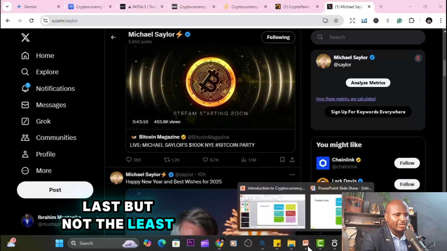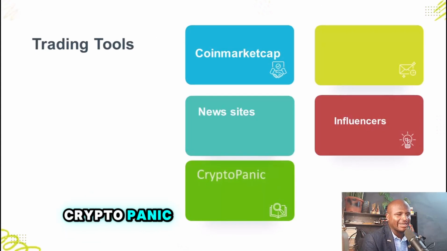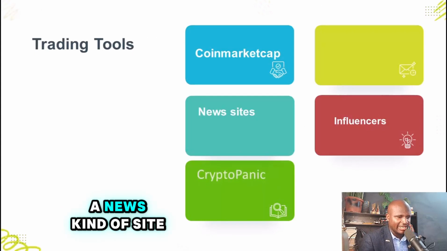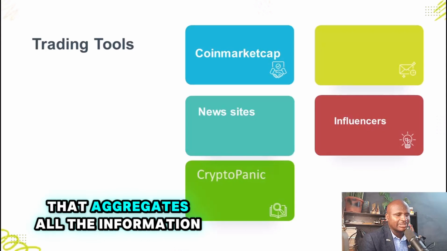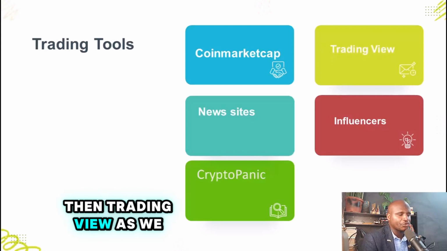Then last but not least, you need to get Crypto Panic. It's also a news kind of site that aggregates all the information about crypto and sends it in. Then TradingView.